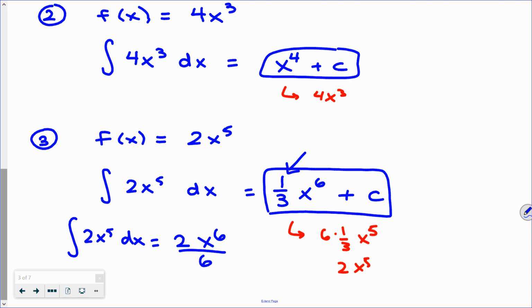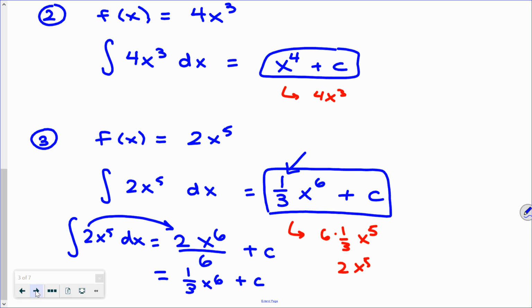Okay, so we want to keep the 2, so keep whatever coefficient was there, then increase your power by 1 because you know you're going to need to increase that power, and then divide the entire expression by the new power. Of course, stick a plus c at the end, and then reduce that fraction. So if we have this 2/6, it'll be that 1/3. And that's what we get, 1/3 x to the 6th plus c. So that we don't have to mental math it every time: keep the coefficient, increase the power by 1, and put it over the new power.